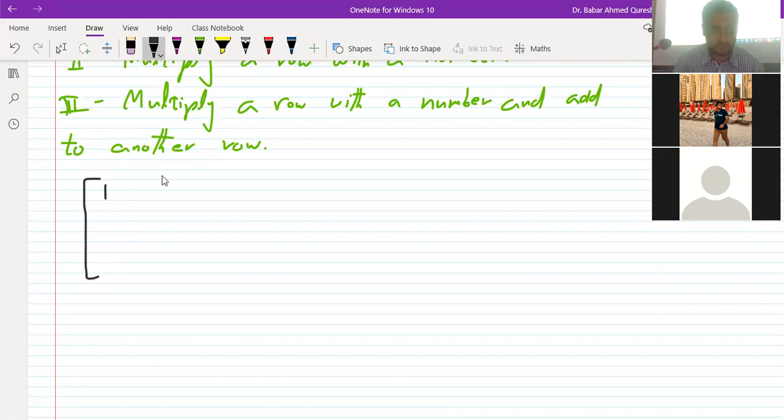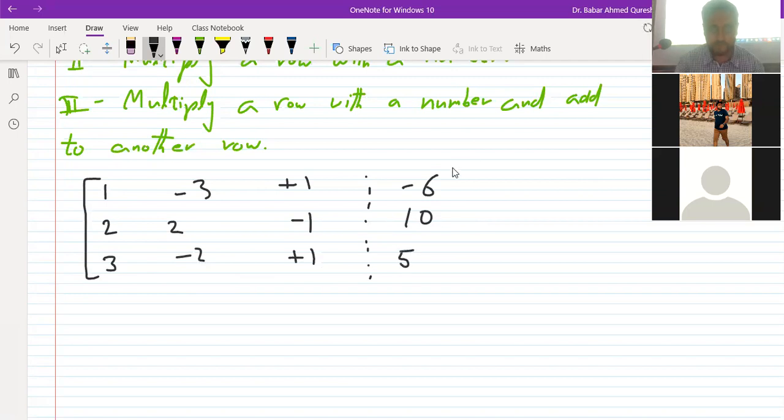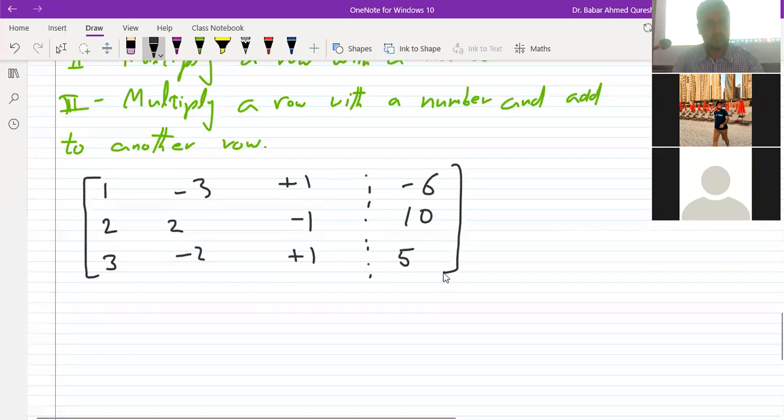So let me write this matrix again. -6, 2, 2, -1, 10, 3, -2, +1, 5. So that's the system of equations.